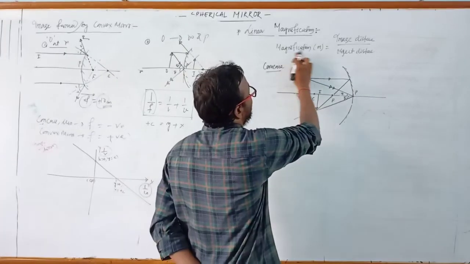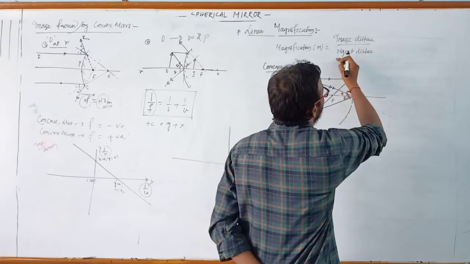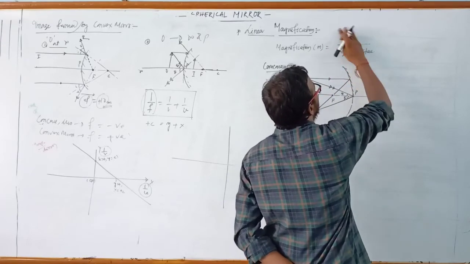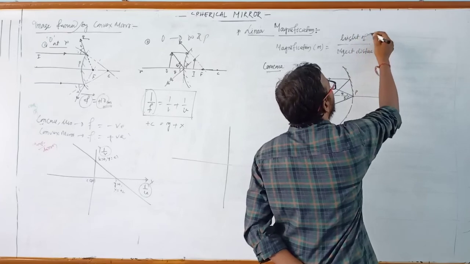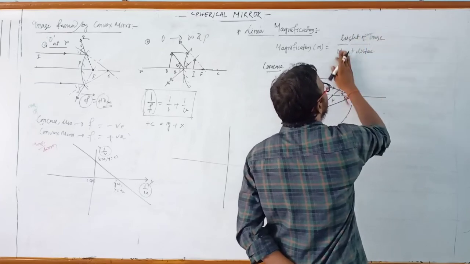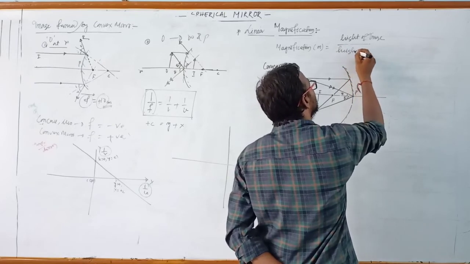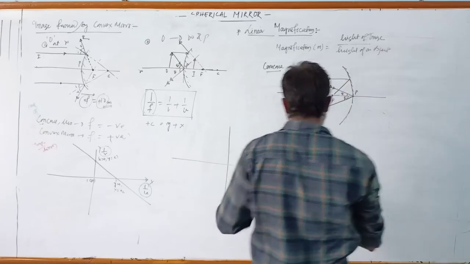For magnification, that means the height of image divided by the height of object.